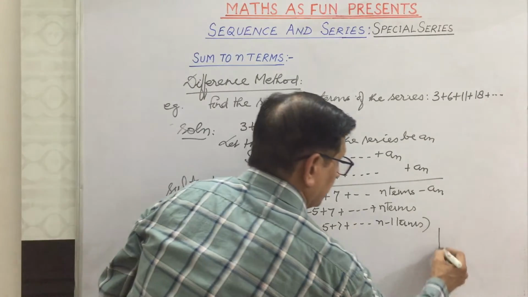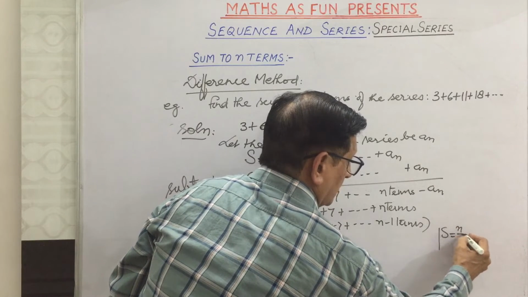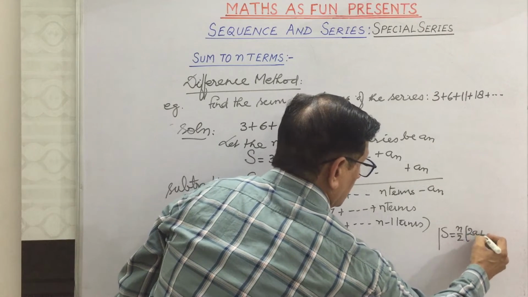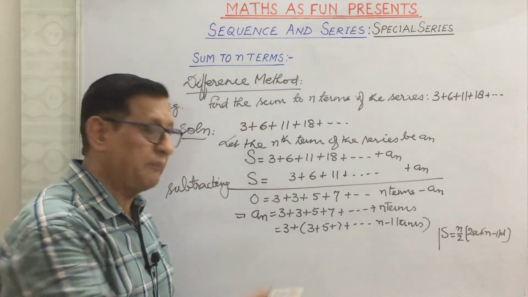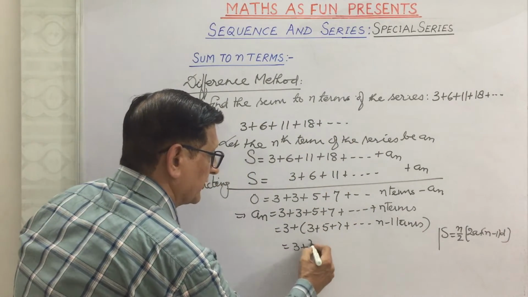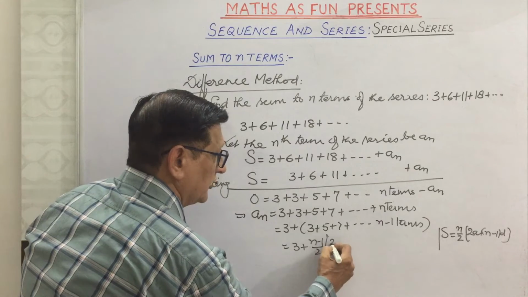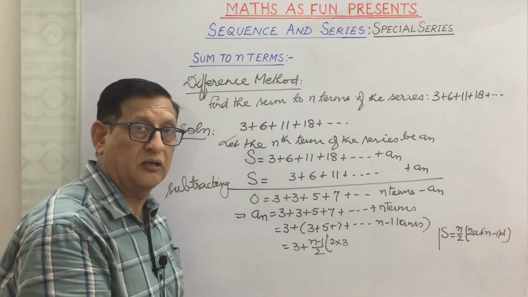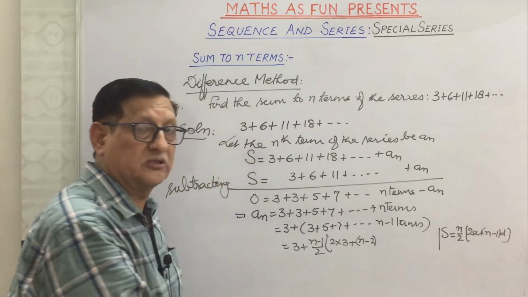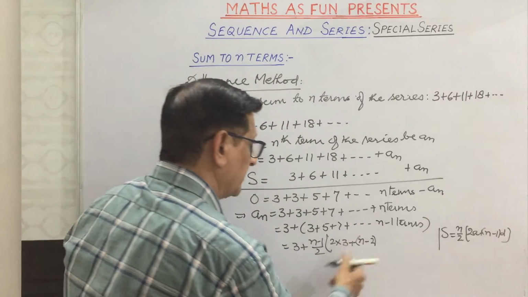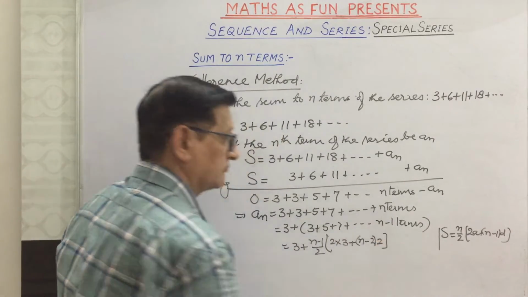That is, we can apply the formula S is equal to n by 2 into 2a plus n minus 1 into d. Applying that formula here, we get n minus 1 by 2. 2a means 2 into 3 plus n minus 1 means n minus 1 minus 1, that will be n minus 2 into d, and d here is 2.